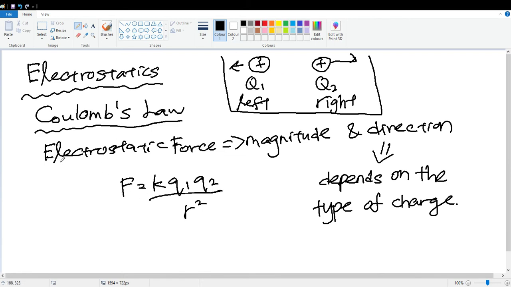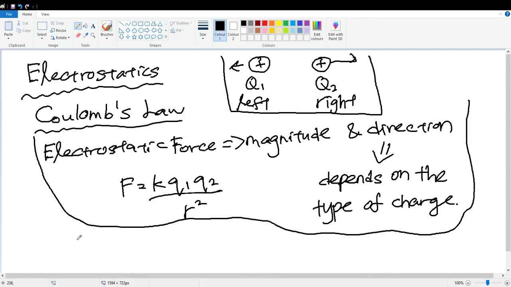As for another example, say I have a positive charge and another negative charge. Positive and negative attract each other. Since both charges attract each other, the force on the positive charge is towards the right, and the force on the negative charge is towards the left.